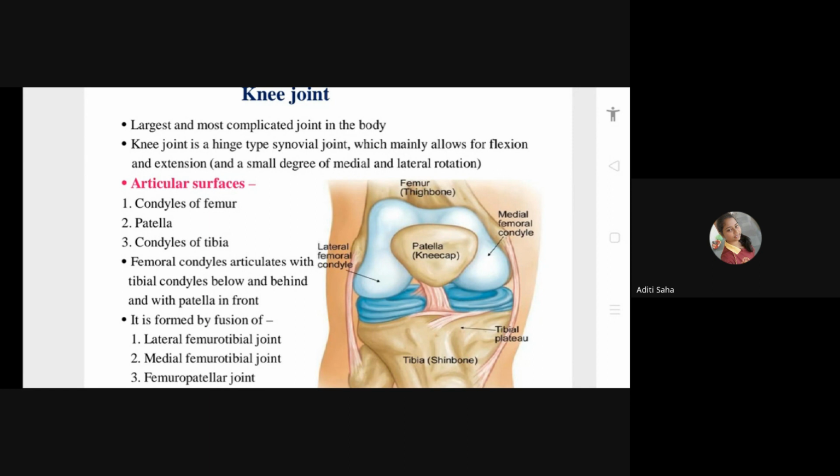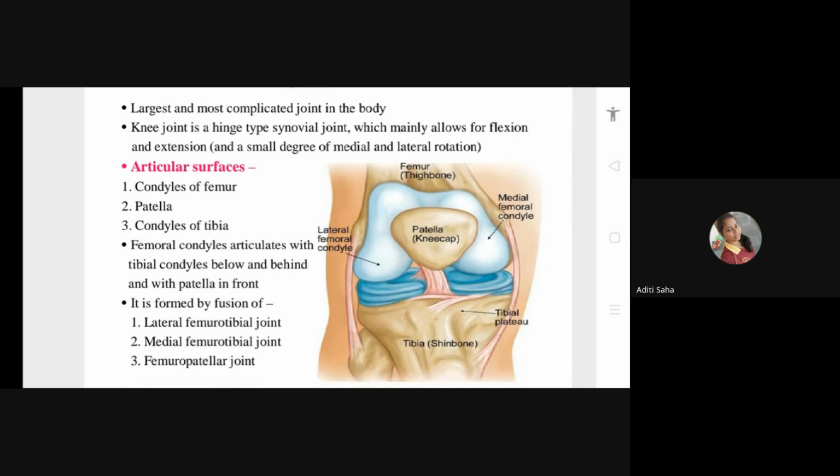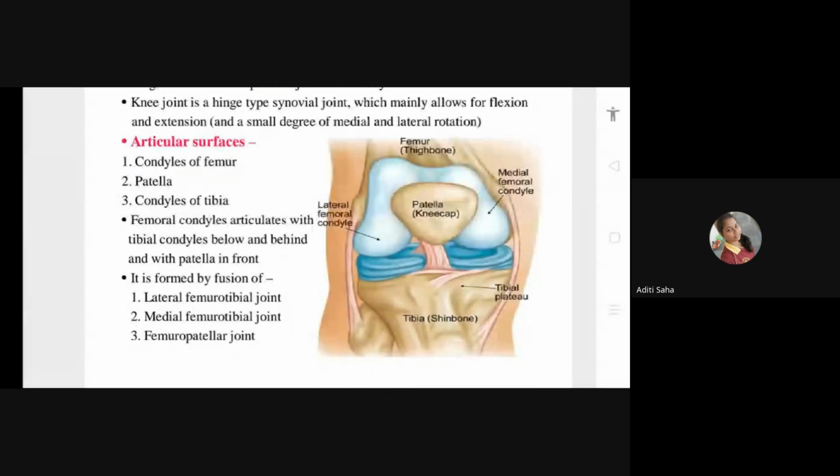It is formed by fusion of the lateral femorotibial joint, medial femorotibial joint, and femoropatellar joint. What is the lateral femorotibial joint? In the lateral side of the knee, two condyles are articulating, one of the femur and one of the tibia.